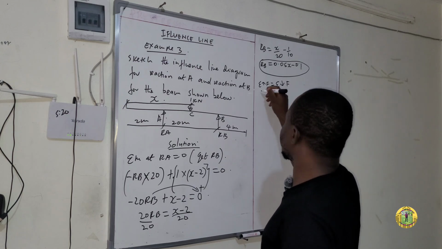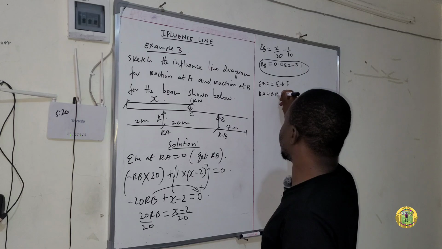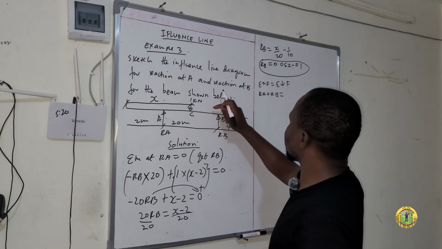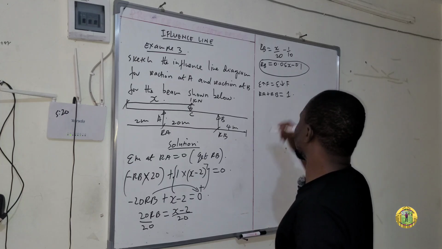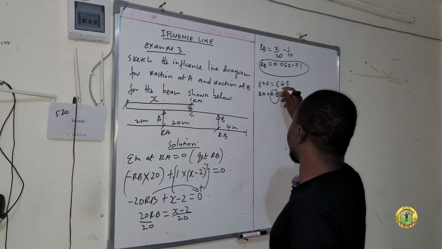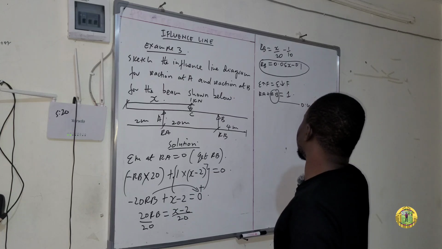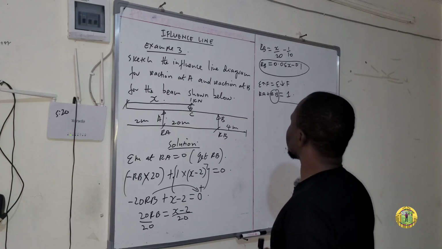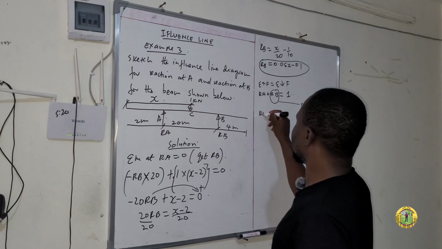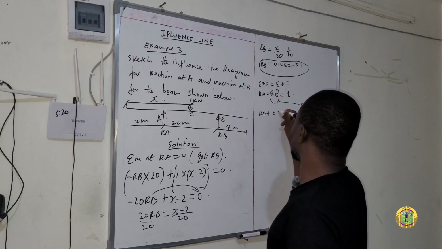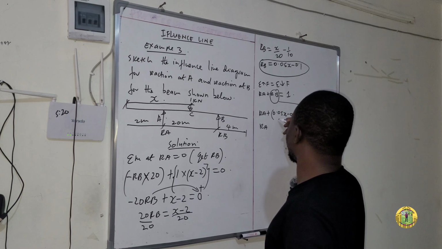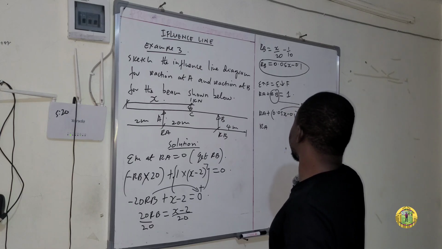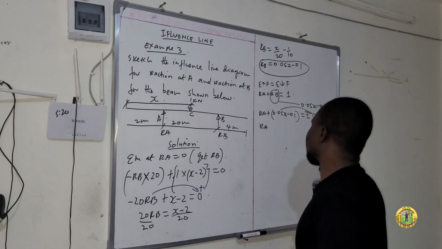Summation of vertical forces: the summation of upward forces is equal to the summation of downward forces. So the upward forces is RA plus RB, which is equal to the downward forces. We have only 1 kilonewton in the downward direction, so equals 1. And we have RB as 0.05x minus 0.1. Therefore, we can substitute RA plus 0.05x minus 0.1 is equal to 1. Therefore, the whole of this will cross to the other side and it will change sign from positive to negative.